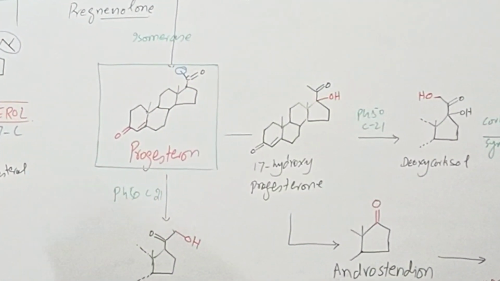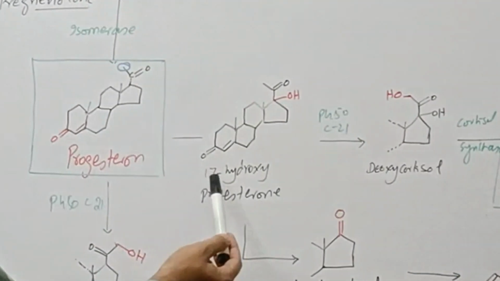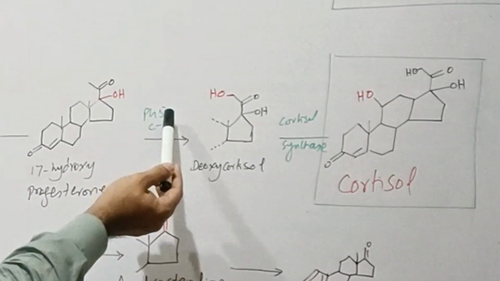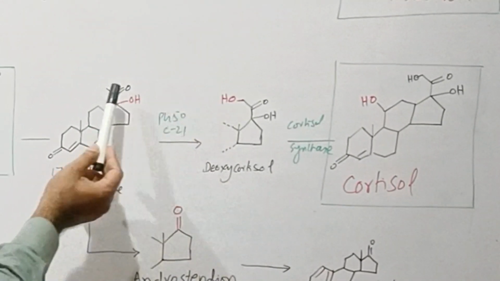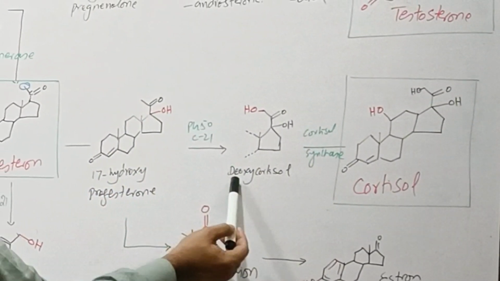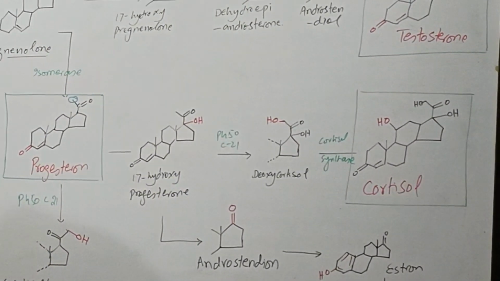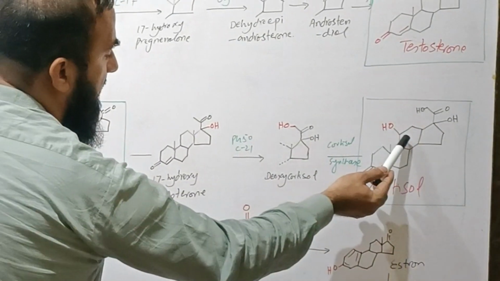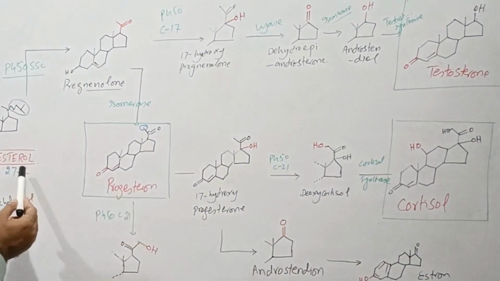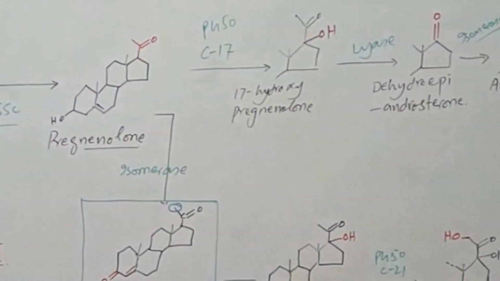So how is cortisol prepared? 17-hydroxyprogesterone in the presence of P450C21 undergoes hydroxylation at this carbon. The rest of the structure is the same and we get deoxycortisol. This deoxycortisol undergoes hydroxylation at the third ring and we obtain cortisol. So how is cortisol prepared from cholesterol? We can follow this pathway.